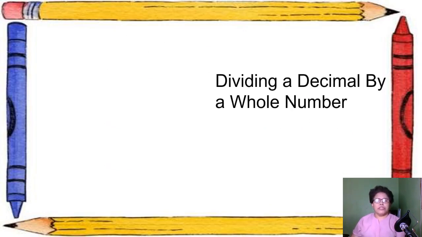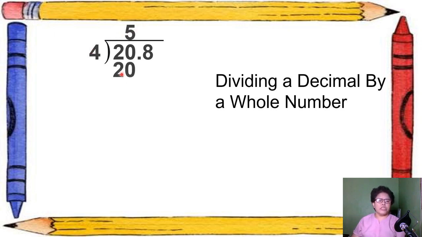Start tayo with dividing a decimal by a whole number. We have 20.8, or 20 and 8 tenths, divided by 4. Sundan natin ulit ang steps in division. Diretso na ako. Dito tayo magsimula sa 20, divided by 4, that is 5. 5 times 4, that is 20. 20 minus 20, that is 0.